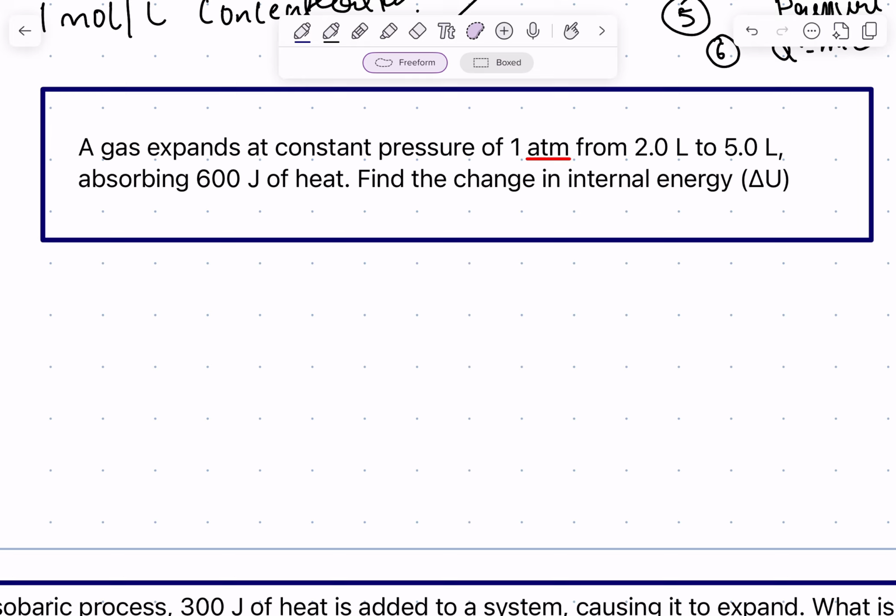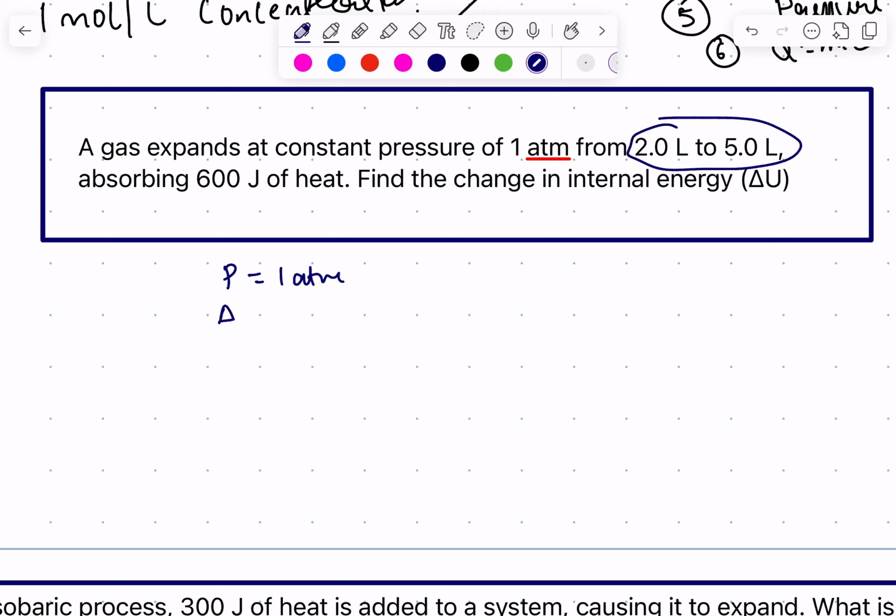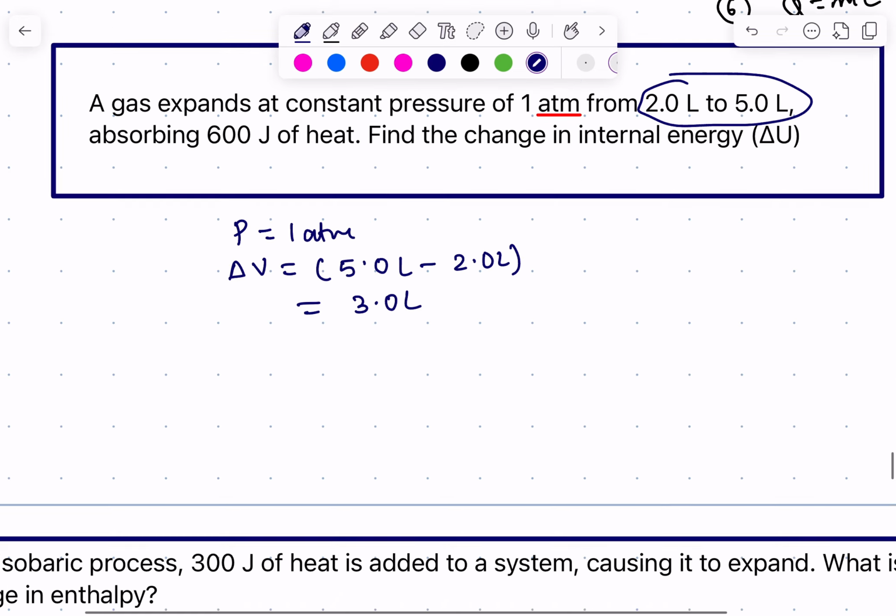A gas expands at constant pressure, pressure is given as 1 atm, and the change in volume, delta V, is 5.0 liter minus 2.0 liter, which will be equal to 3.0 liter.